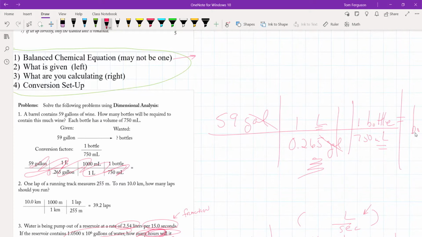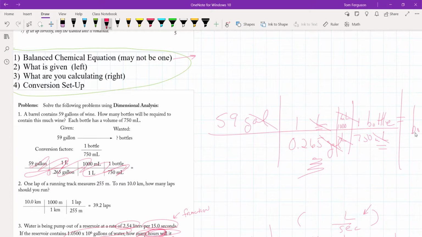We don't want milliliters and liters in our answer. Those need to go away. So if we put liters on the bottom and 1,000 milliliters on the top, that way our liters will cancel and our milliliters will cancel. Now everything cancels except for bottles.